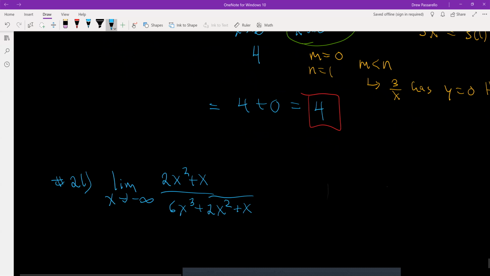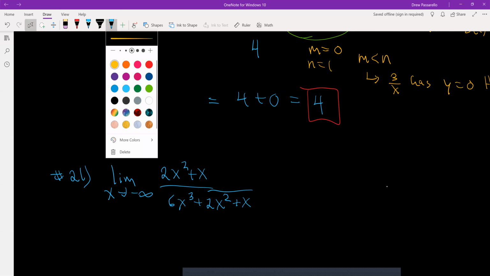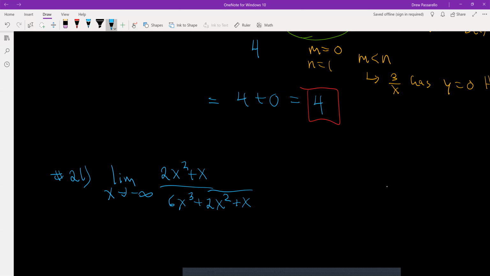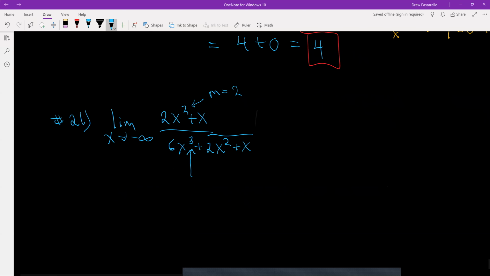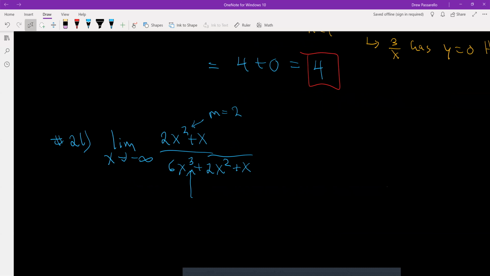Okay, so again, just focus on the leading terms. The leading term for the numerator has a degree, m, of 2, and the denominator has the leading term 6x cubed, which has the exponent 3, so the degree n is 3.